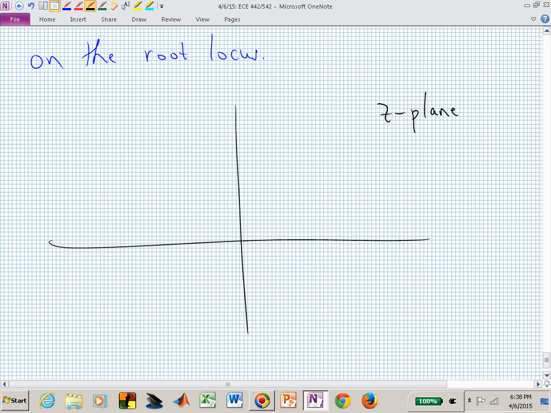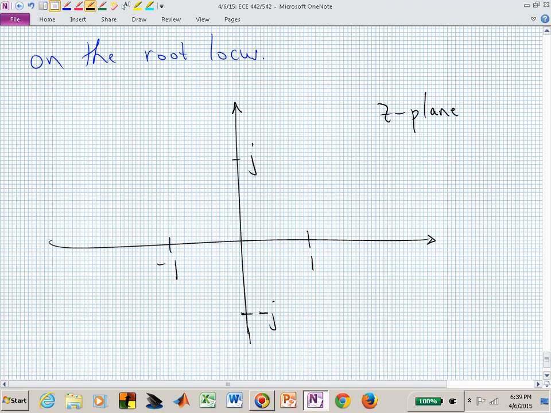Now, if I said sketch the pole zero pattern in the z-plane for our given choice of g of z, what would that look like? Again, I'm buying time. If somebody asked you to sketch the root locus, how could you at least get part of the points associated with that? You sketch the z-plane, and then you put on that the open loop poles and the open loop zeros.